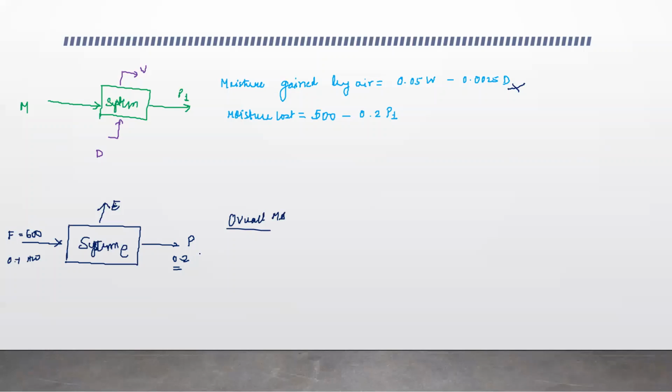So we are going to have the overall material balance equation. So overall material balance is going to give us 600 F is equal to E plus P, equation number 1.